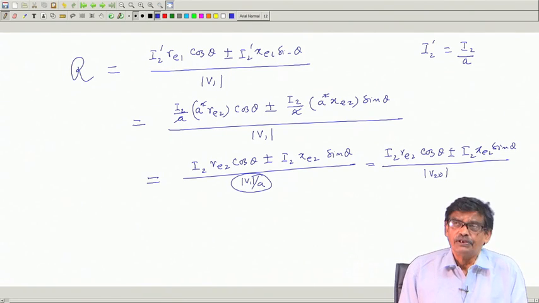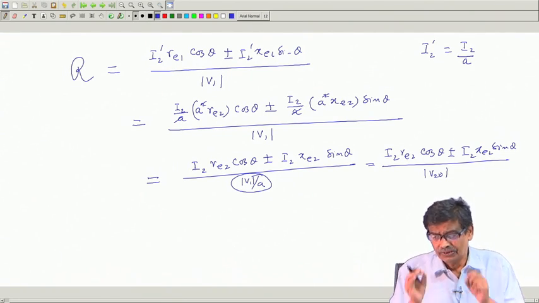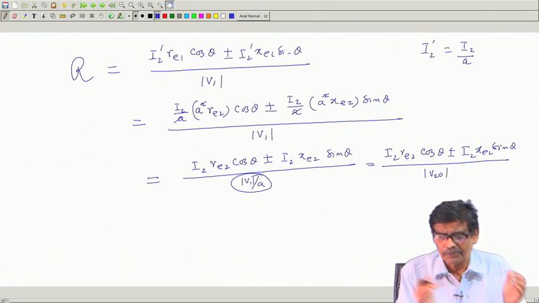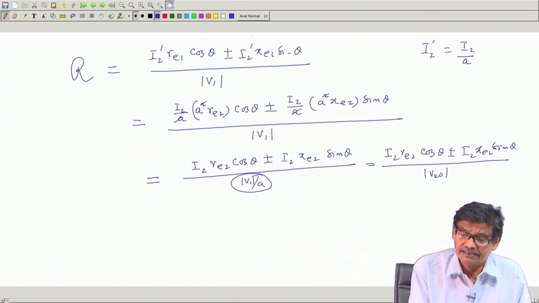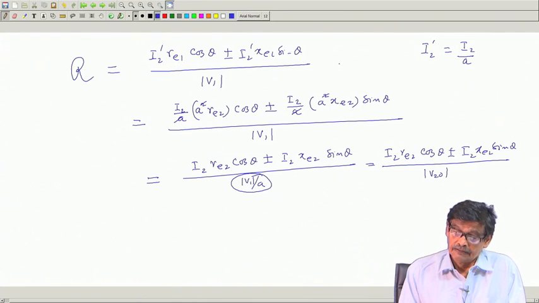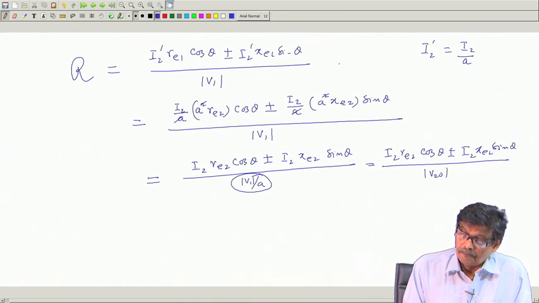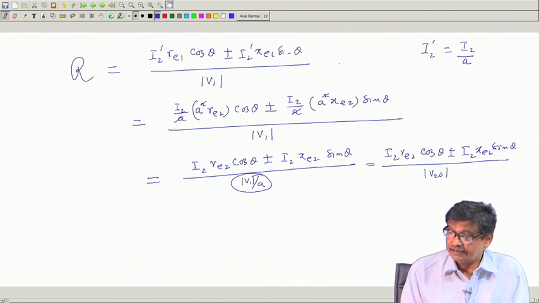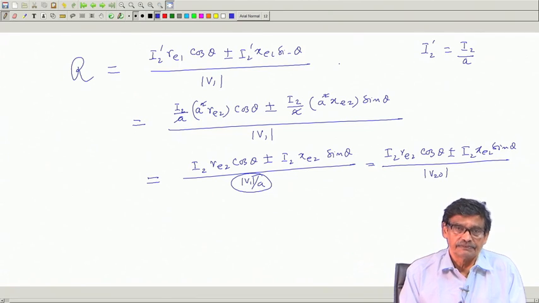So, either of them you use, but as you know, you stick to one, you always transfer it to the primary side and get these values. And these are algebraic equations.